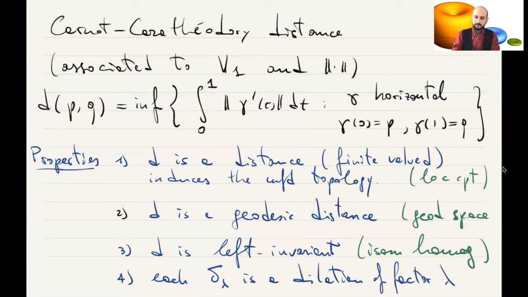Okay, so the fact that it is left invariant should be very clear because all the construction has been done left invariantly. Like really, the length of curves, or even just the definition of being horizontal, is left invariant, because you always bring back by left translation to the origin, and therefore the length is invariant under left translations. Okay, so this is okay.